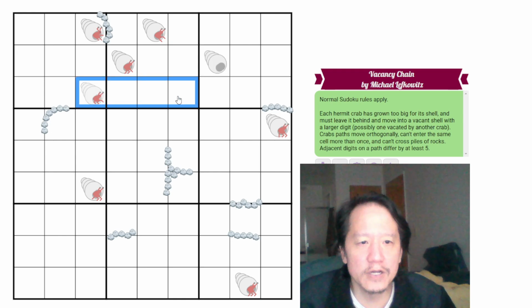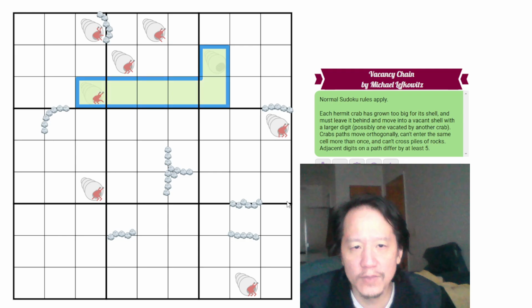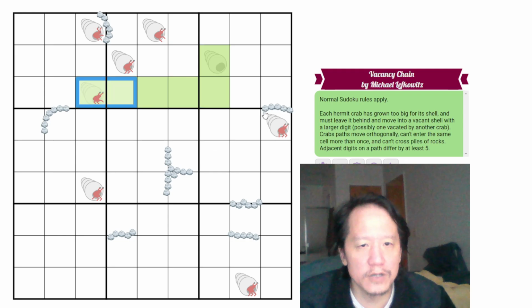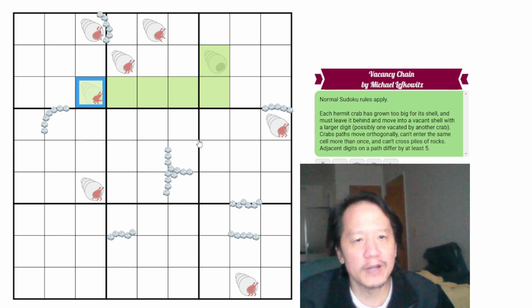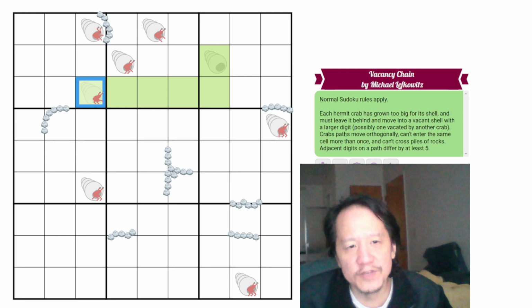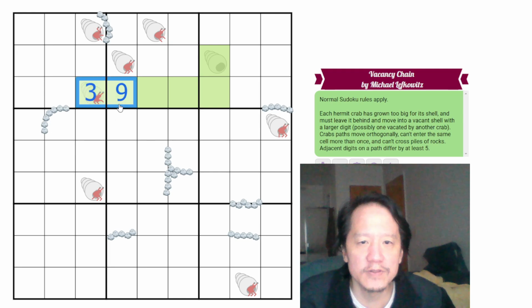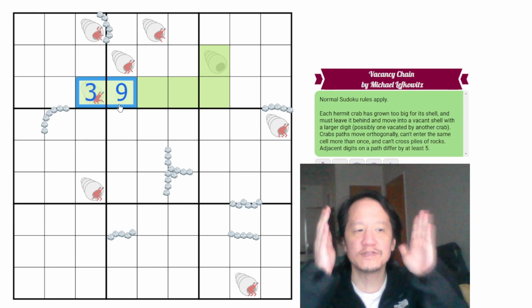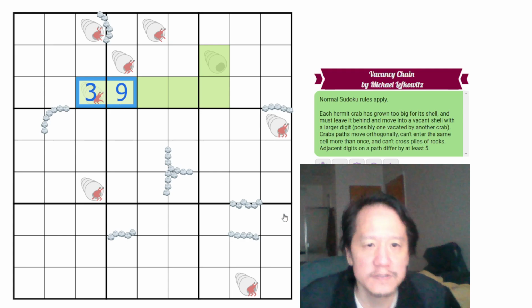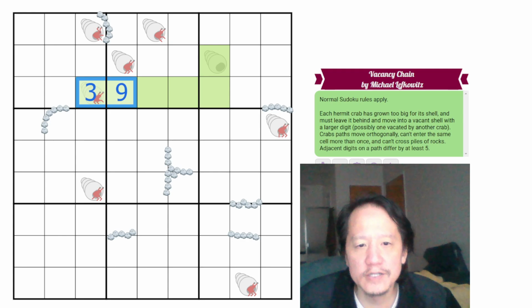So basically, along the path, say it was this one that went here, right? So say this was the path. Along this German whisper rule, if this was a 3, this would have to be an 8 or a 9 to have a difference of at least 5 for adjacent digits. Interesting.